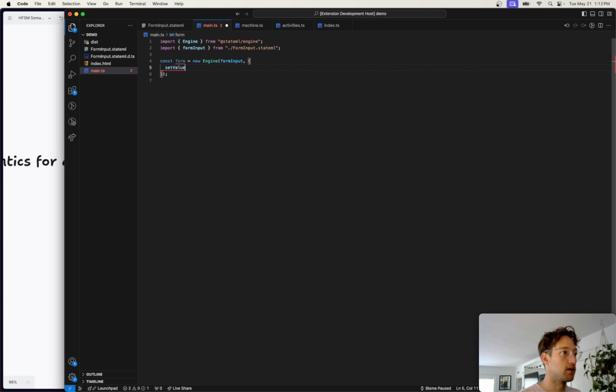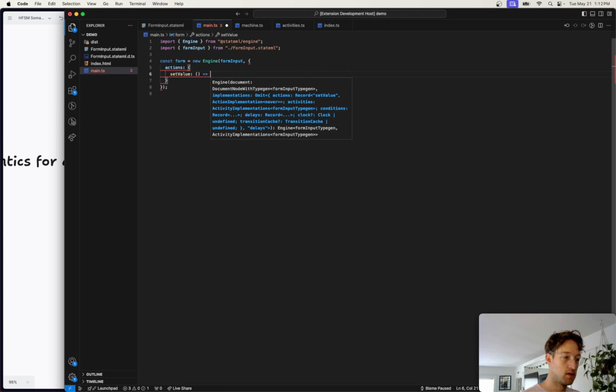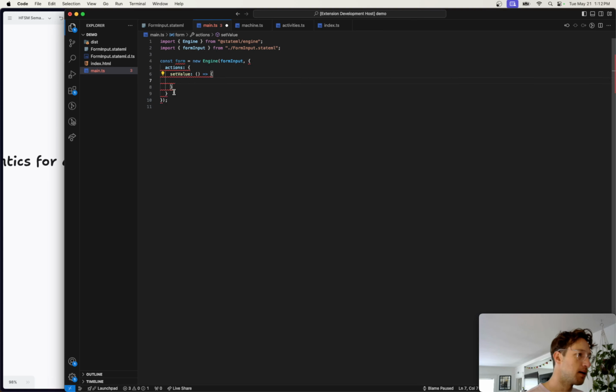Set value. So we're going to define some actions, and you can see it's going to autocomplete. Now it's still going to throw errors because there are other implementations. Just in my head, I know that there's going to be some kind of validating activity, and we will talk about that in a second.